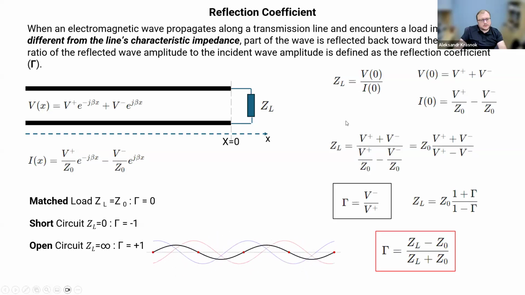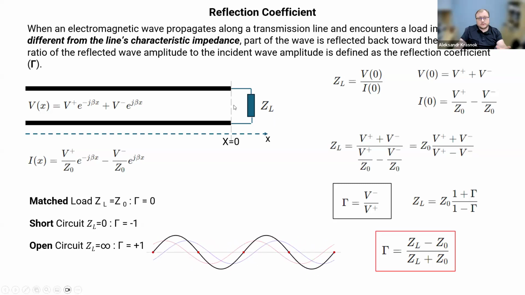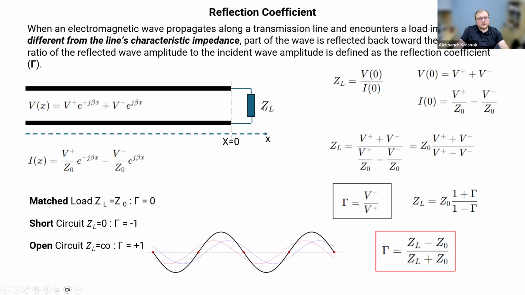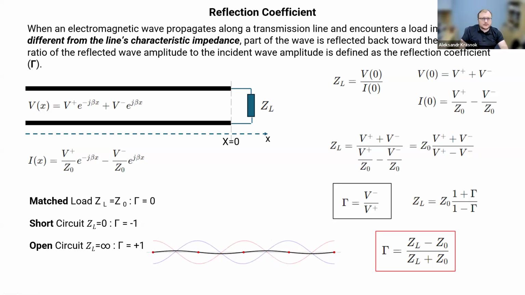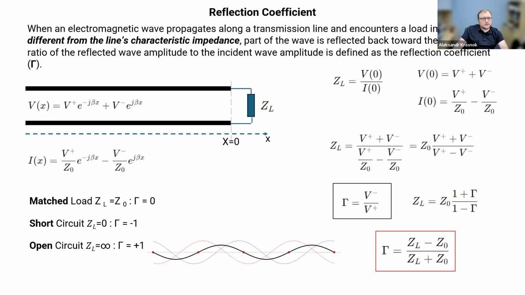It means that by measuring the reflection coefficient, you can measure, for example, characteristics of an antenna, or it can be some sort of sensor, and then by measuring the reflected wave, you can do some sort of sensing and so on.